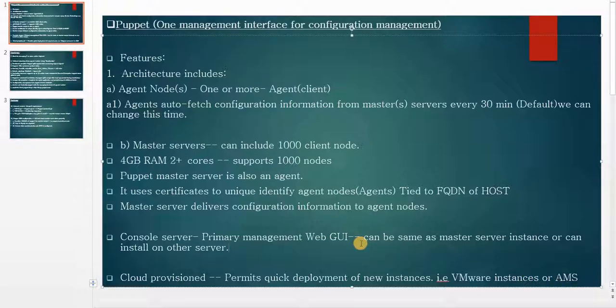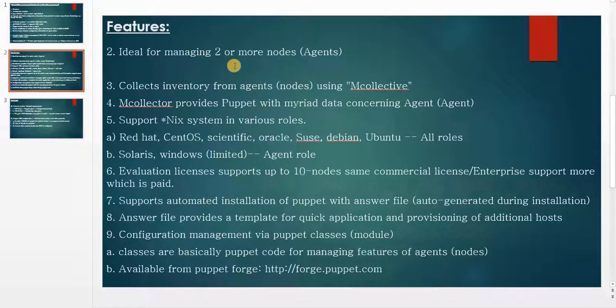This is a very good feature which comes with Puppet, because nowadays we mostly use virtual and cloud environments. So this feature is supported by Puppet. If you would like to use Puppet in your cloud environment, you can go ahead and use that.